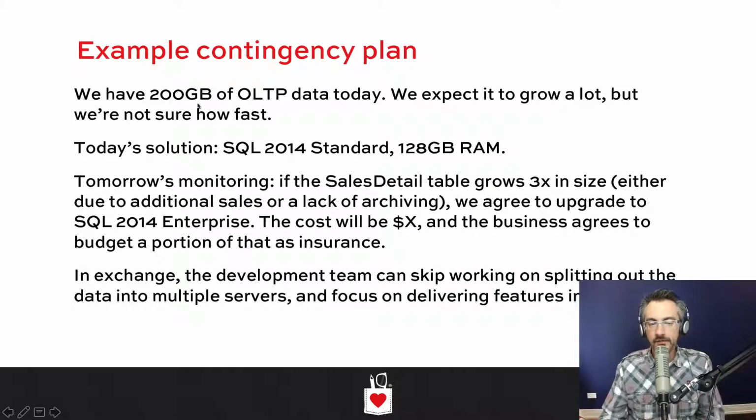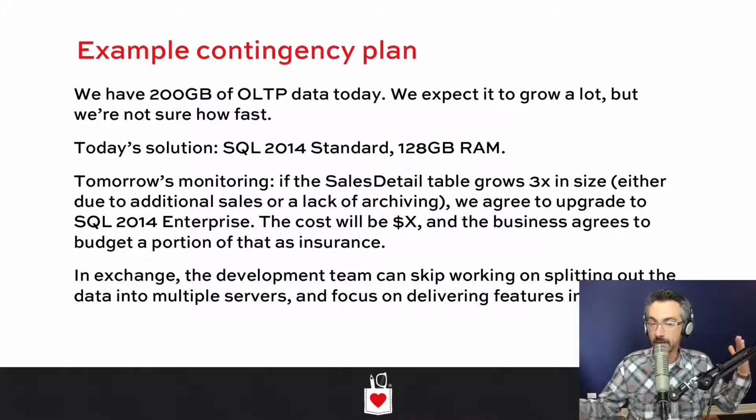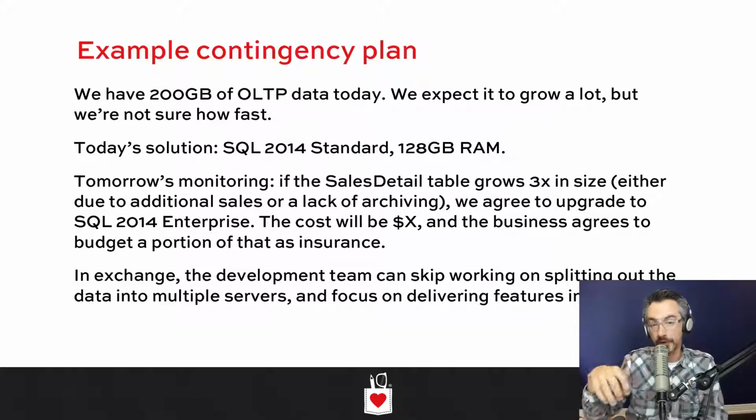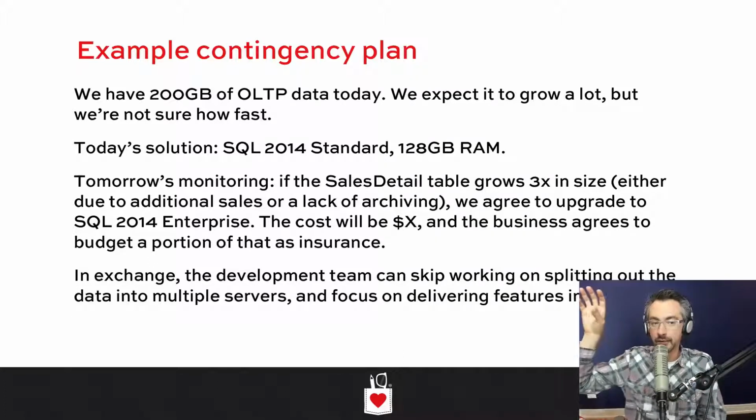So for 200 gigs of data, if they've decided on SQL Server 2014, I can make that fly pretty quickly with 128 gigs of RAM in the box because most of this is going to be cached. However, if the sales detail table grows in size by 3x, either because we've got all kinds of new sales coming in or because we're refusing to archive and we're keeping longer and longer amounts of history, then we're going to agree as a group that we're going to step up to 2014 Enterprise and chuck this much more memory into the server.